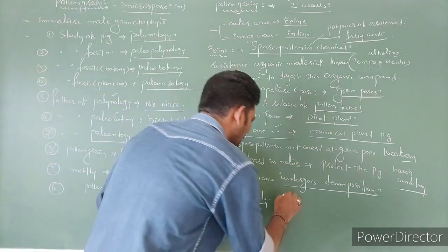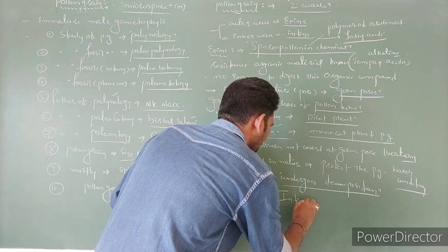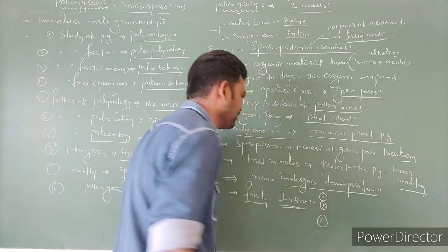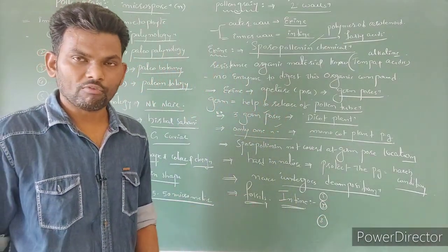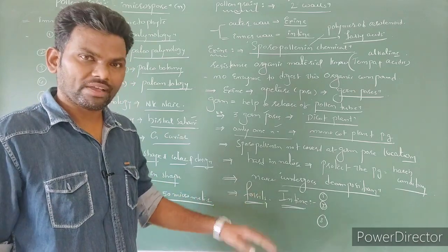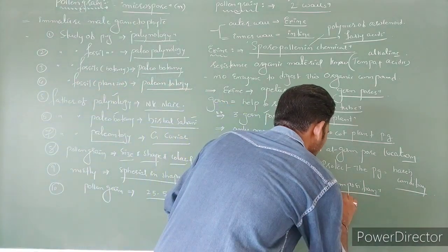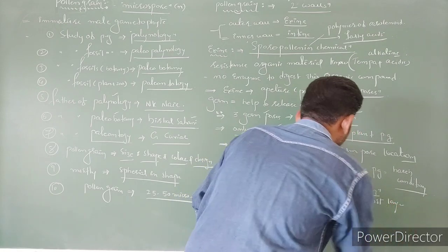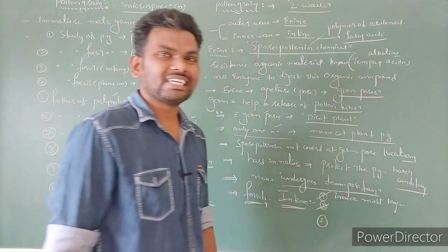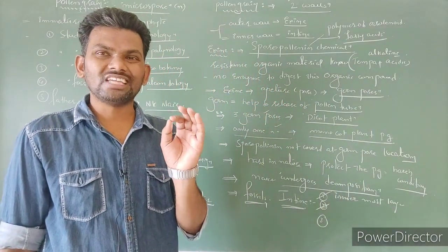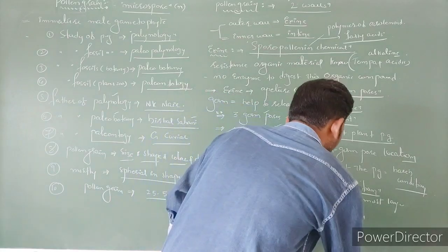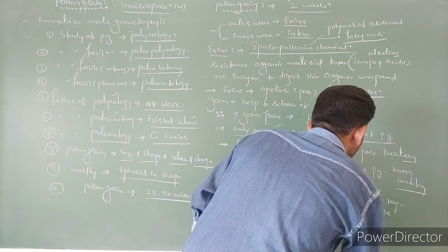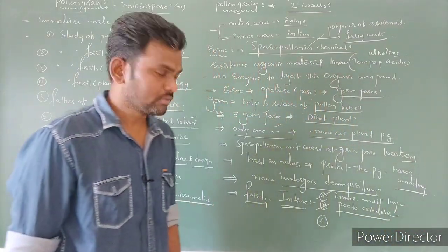Next one is intine. Only 2 or 3 points regarding intine. Intine is the innermost layer of the exine. It is the innermost layer, first point. Second, intine is made up of pectocellulose.